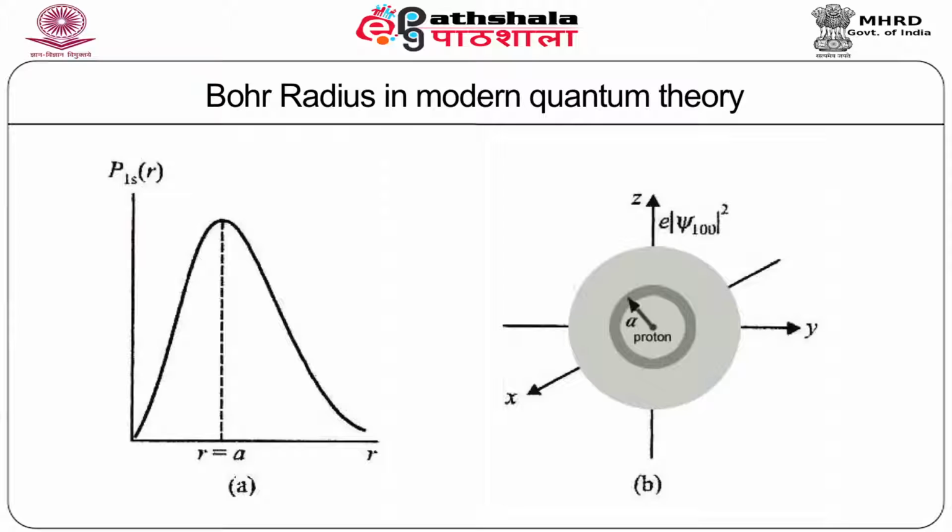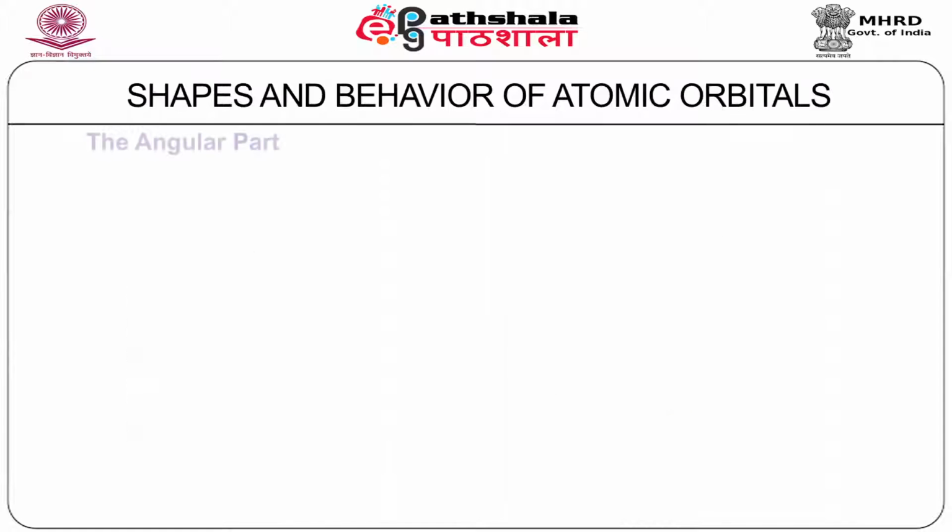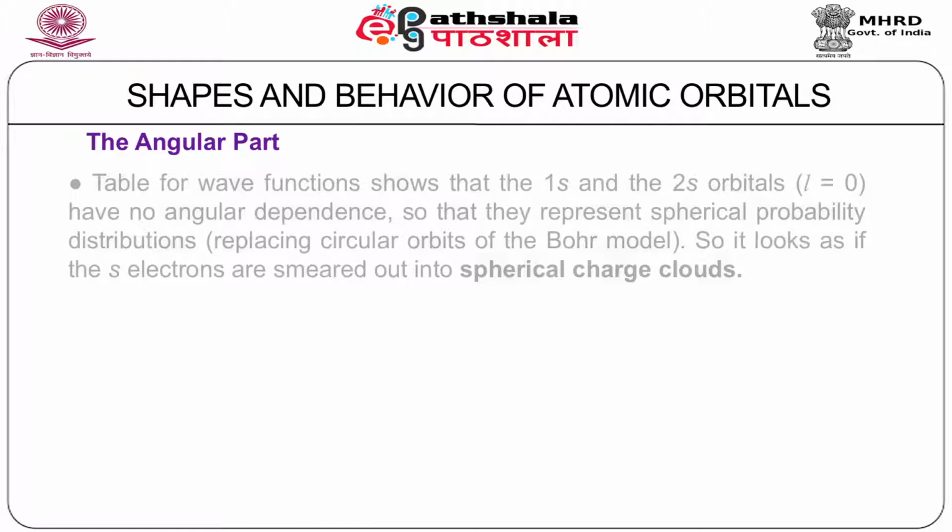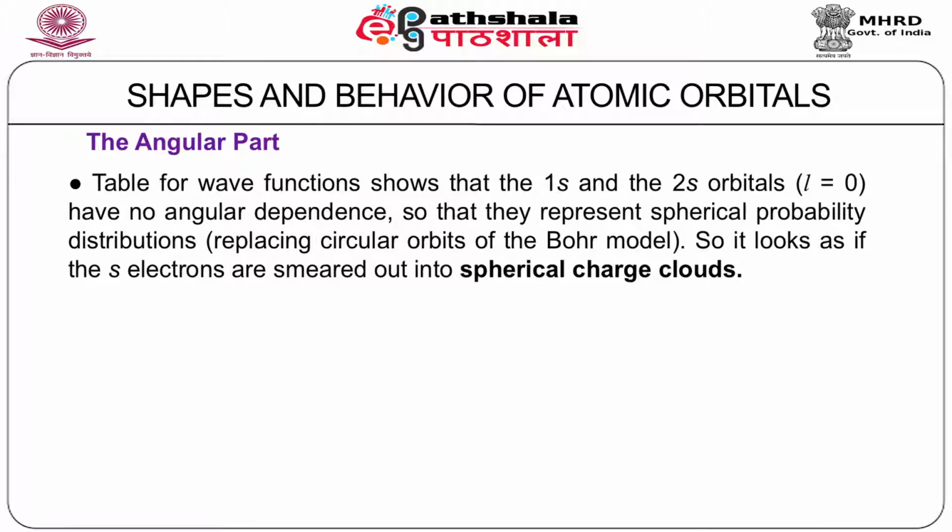This figure is not very properly shown, but all that I wanted to stress is that there's a maximum probability of observing the electron at a distance r equal to a from the proton, which is the Bohr radius. And the ring which you can see here gives actually the Bohr radius, or the radius of the hydrogen atom.